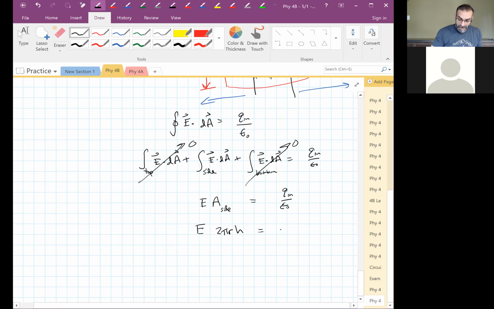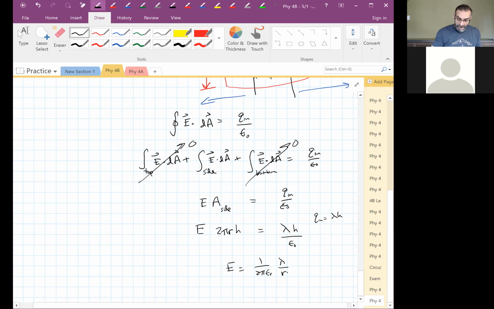And what is Q in? Q in is the charge per unit length times the length. And so the h's cancel, and I end up with E is some constants times our charge density over r.